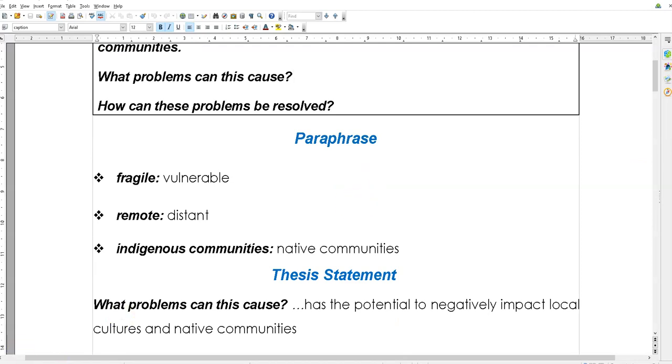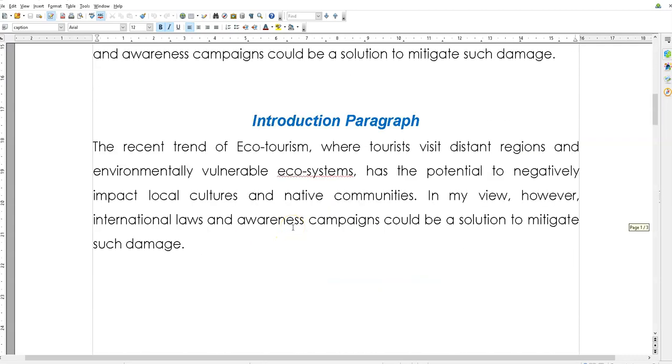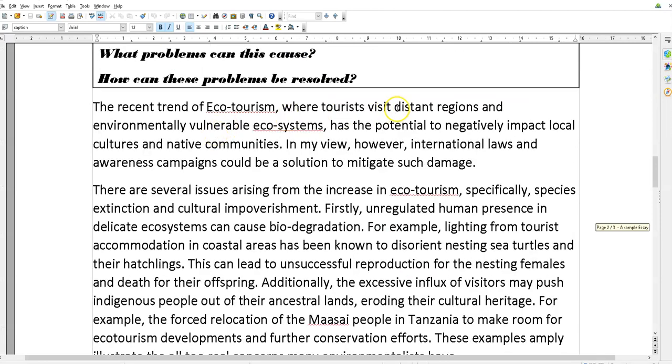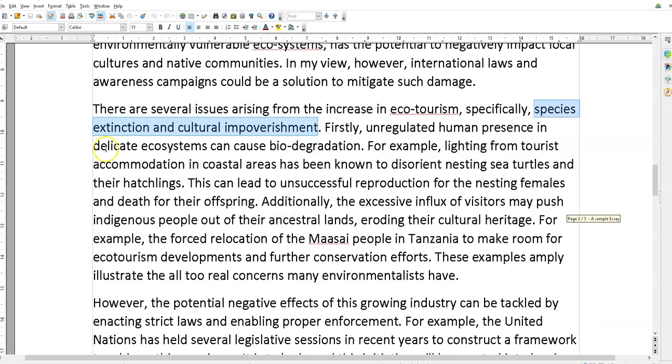So some good vocab that you can use when you're talking about this. You've got stuff like native communities, indigenous communities. I've used quite a few specific things here: distant regions, environmentally vulnerable ecosystems, local cultures, native communities, species extinction, cultural impoverishment, delicate ecosystems, biodegradation.